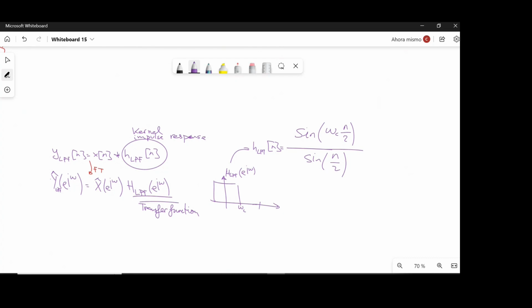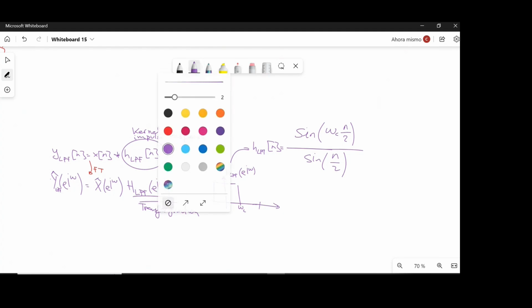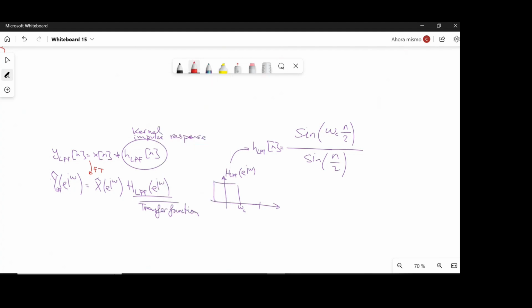So it looks almost like a sinc. A pure sinc would be something like this, divided by omega c. So this is a sinc, and this is almost a sinc. It is the ratio of two sines.